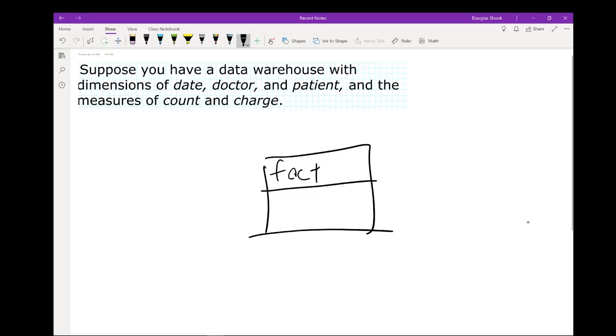And then the columns that I would expect to find in that fact table would be what? Date key. So I would need foreign keys for the date, the doctor, and the patient. I'm not going to have enough room to do this.